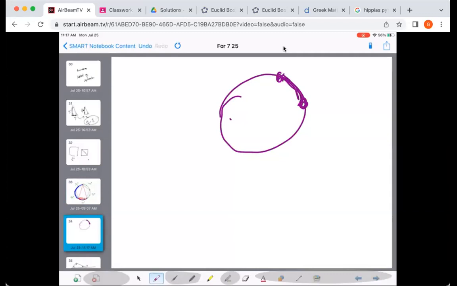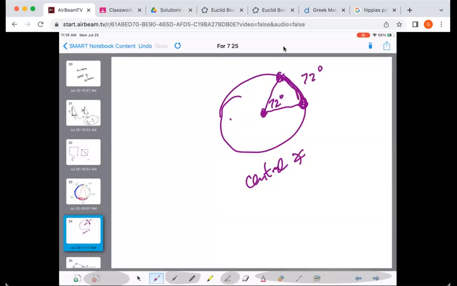I should tell you what number this is for Euclid's Elements, but I'm just going to say it. First, I'll start by saying that the angle in the middle, called the central angle, will be the same measure in degrees as the arc is.